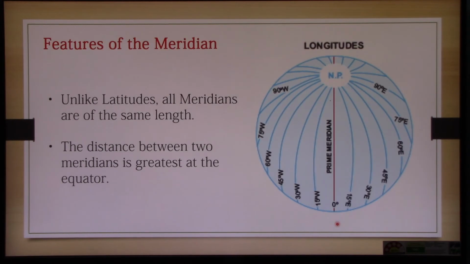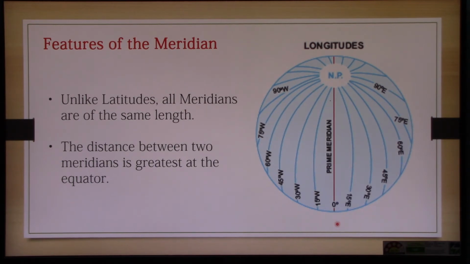Now, like we had seen the features of the latitudes or the parallels, we will also go through the features of the meridian. What is the first feature? It says unlike latitudes, all meridians are of same length. Why unlike latitudes, children? Because the latitudes keep on getting shorter from 0 degrees, that is the equator, as they near the poles, whether it is North Pole or South Pole.